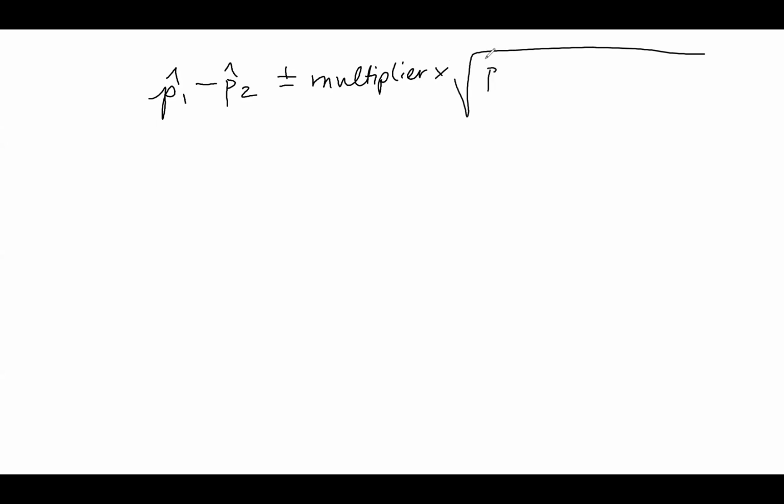So our confidence interval then is p-hat 1 minus p-hat 2 plus or minus the multiplier times that equation, the p-hat 1 times 1 minus p-hat 1 over n1 plus p-hat 2 times 1 minus p-hat 2 over n2.